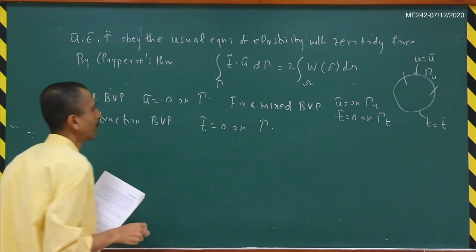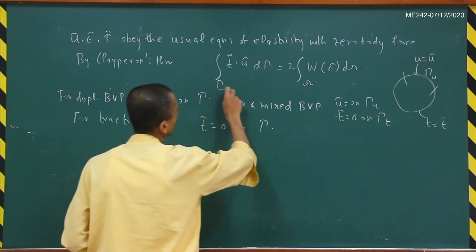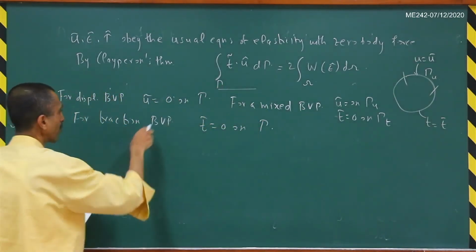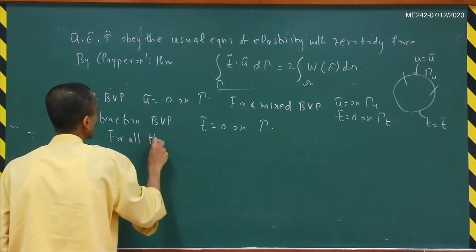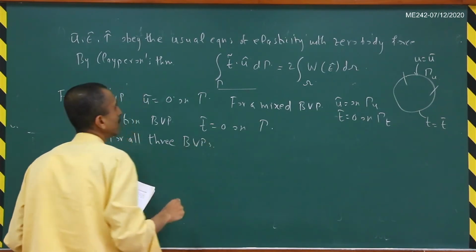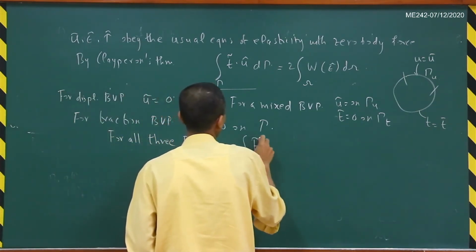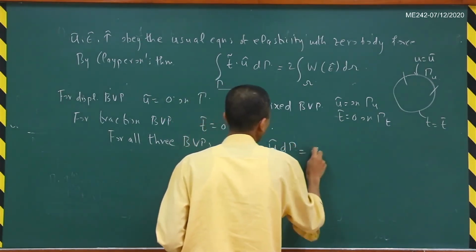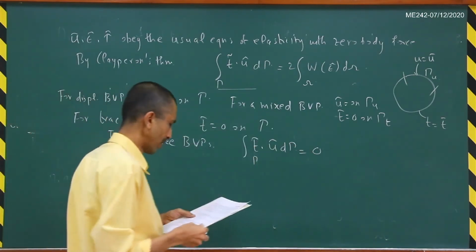So this particular term vanishes for all three types of boundary value problems. So for all three boundary value problems, we get that the integral of T tilde dot U tilde d gamma over gamma is equal to 0, right? And so the right hand side is also 0.